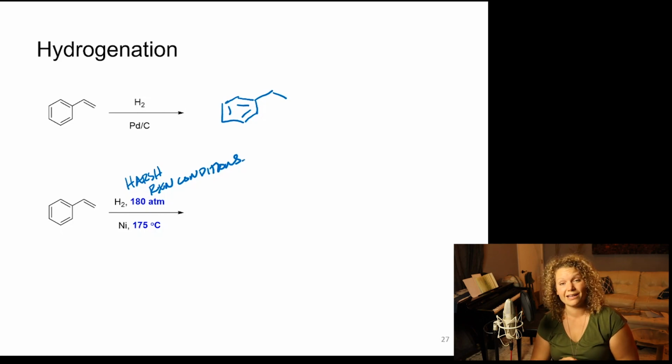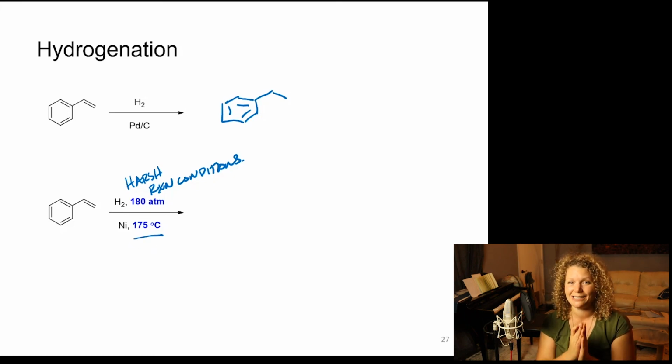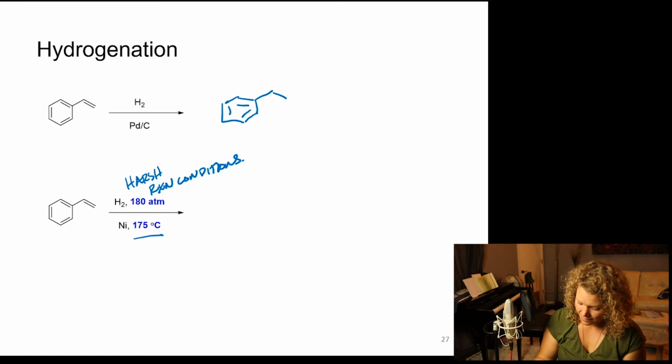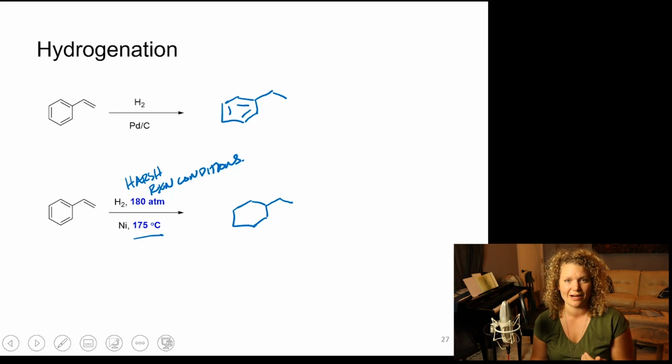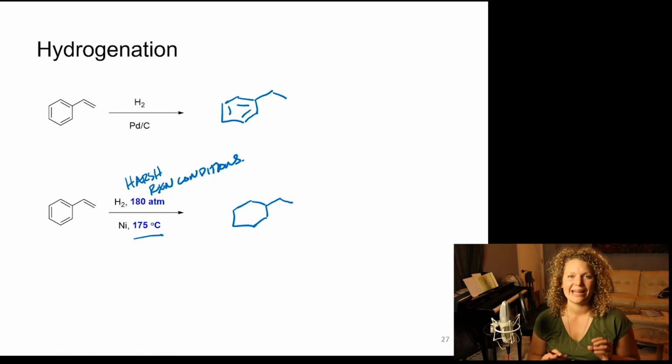Here I'm showing very high pressures of hydrogen. We're going to be using a nickel catalyst. We have to heat this reaction to a very high temperature. And here we'll see the hydrogenation of both the alkene and our aromatic ring. The alkene still has a lower enthalpy of hydrogenation.